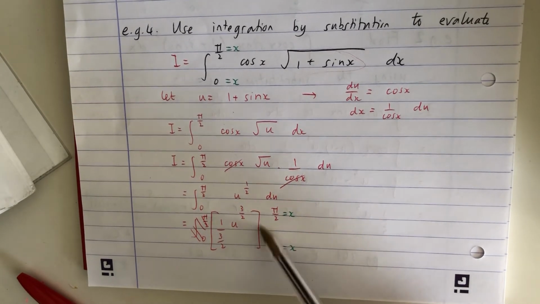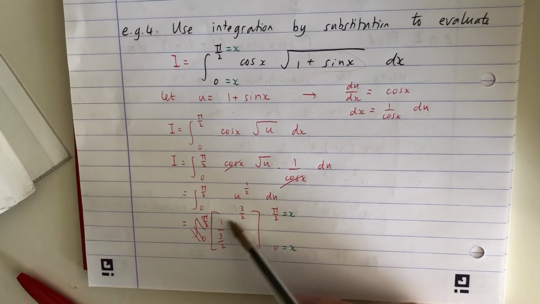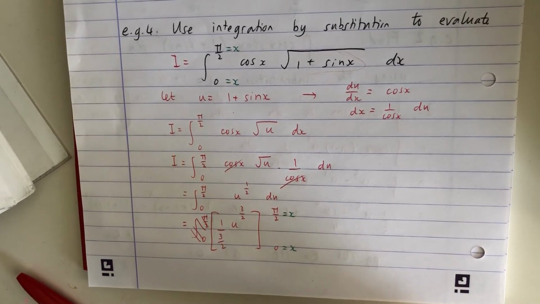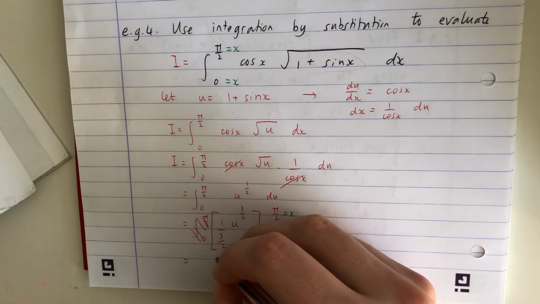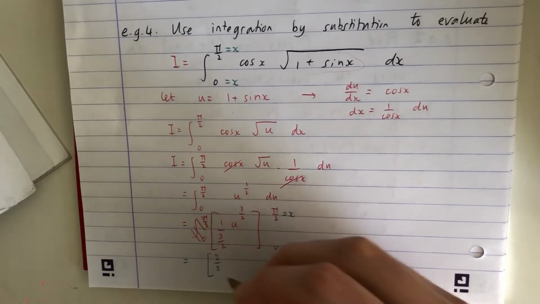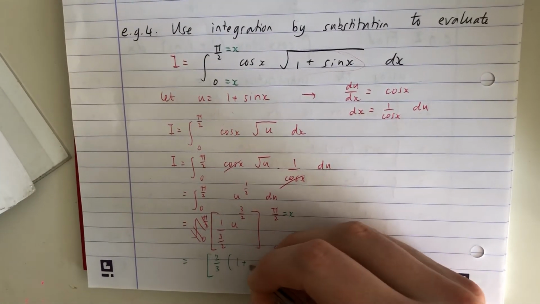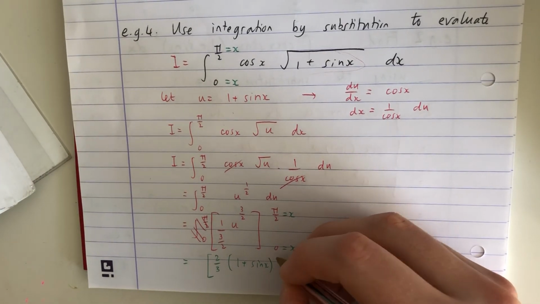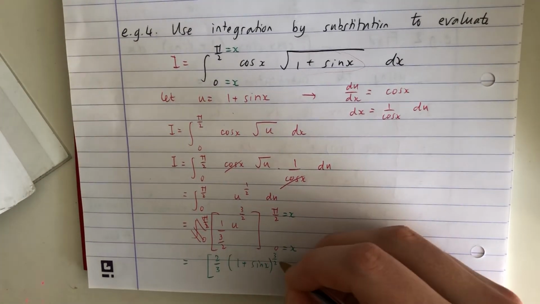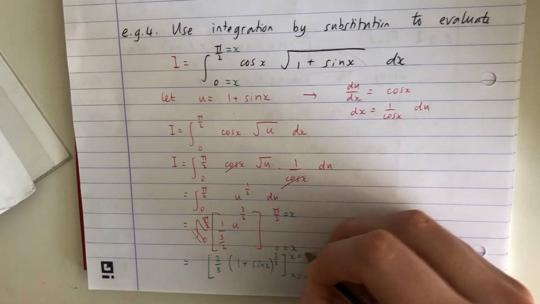So I can't really do anything until the x's are back in there at the end. So this is equal to 1 divided by 3 over 2 is 2/3. I have to replace the letter u with 1 plus sine x. Put those back in to the power of 3 over 2. And that's between x is equal to 0 and x is equal to pi by 2.